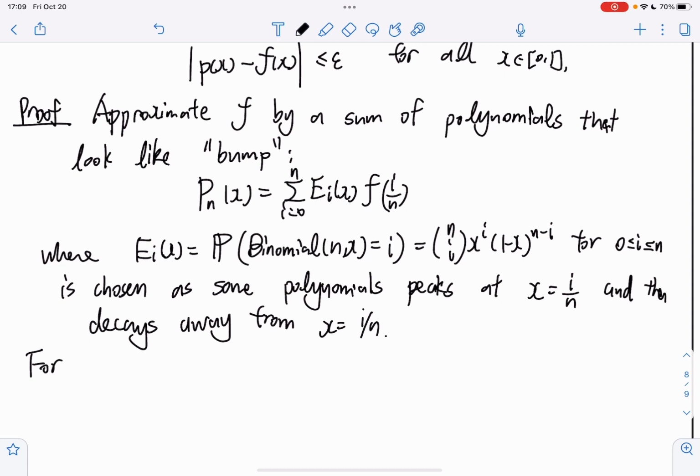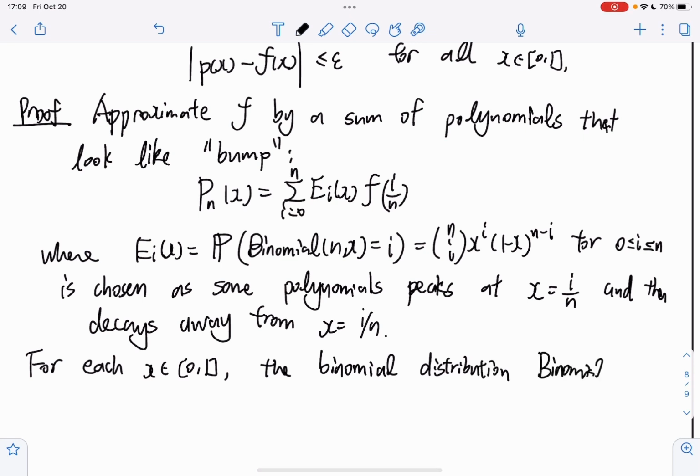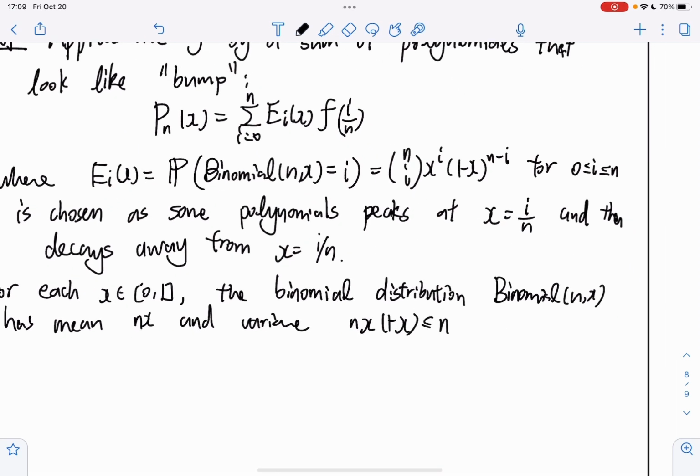We can see that for each x in the range of 0 to 1, the binomial distribution has mean nx and variance nx times 1 minus x, which is bounded by n.